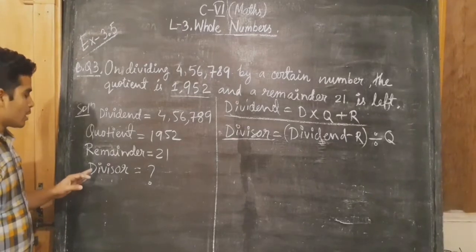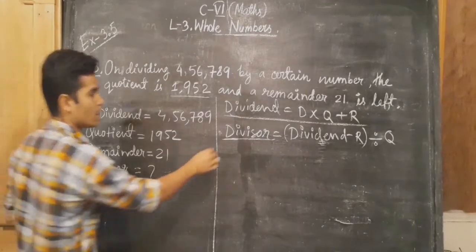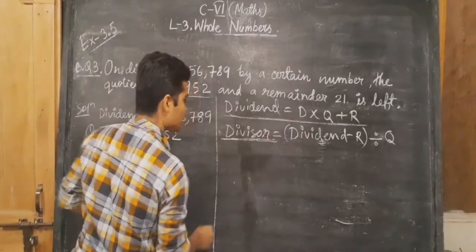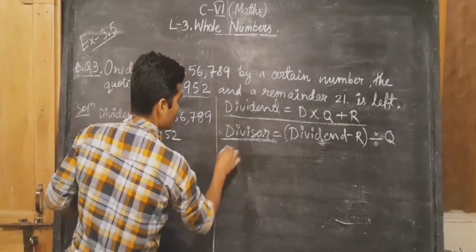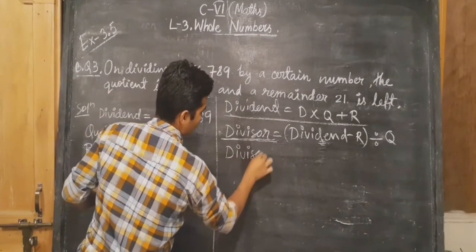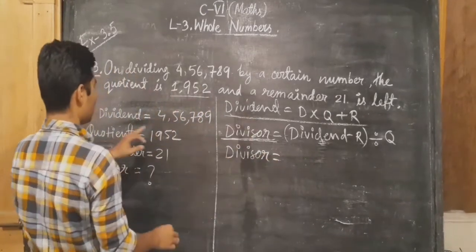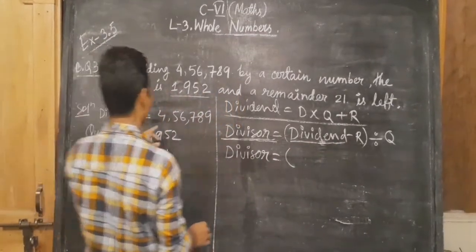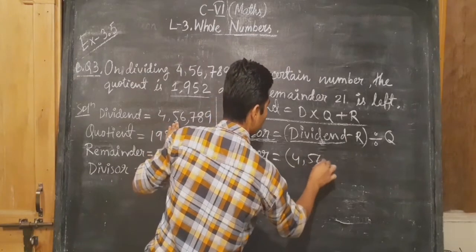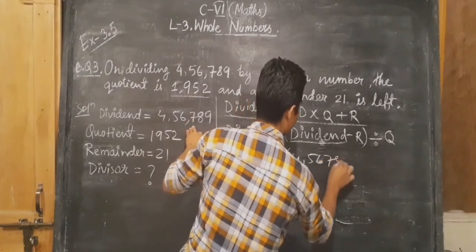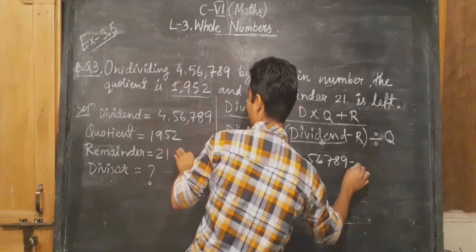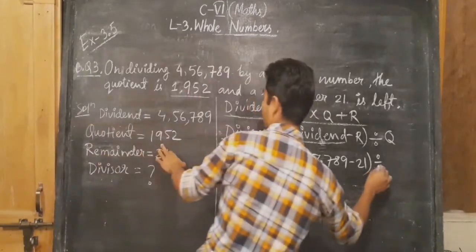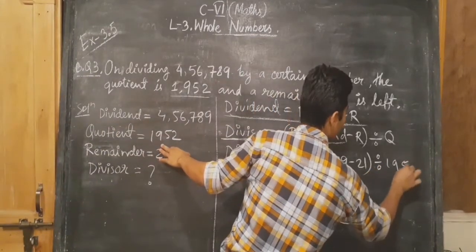So for finding divisor, which relation we will consider? We consider divisor is equal to dividend minus remainder divided by quotient. So let us put all the values for the given things. That is, dividend is 4,56,789 minus remainder is 21, and these things we have to divide it by the quotient, that is 1952.